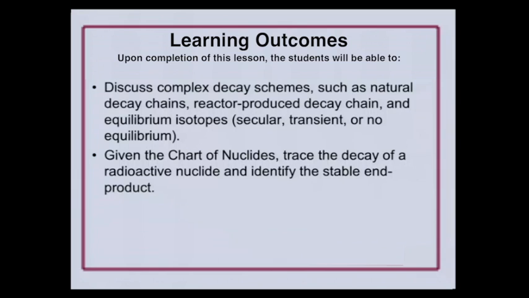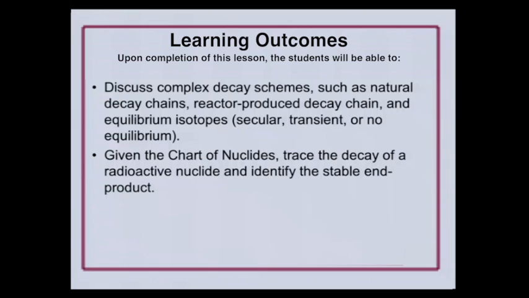We're going to look at complex decay schemes such as natural decay schemes. There are 3 major ones that we look at. We'll also take a look at some reactor-produced decay chains, isotopes that are produced as part of the fissioning process, or even possibly as part of the activation process that occurs within an operating power facility, as well as within accelerators and research laboratories.